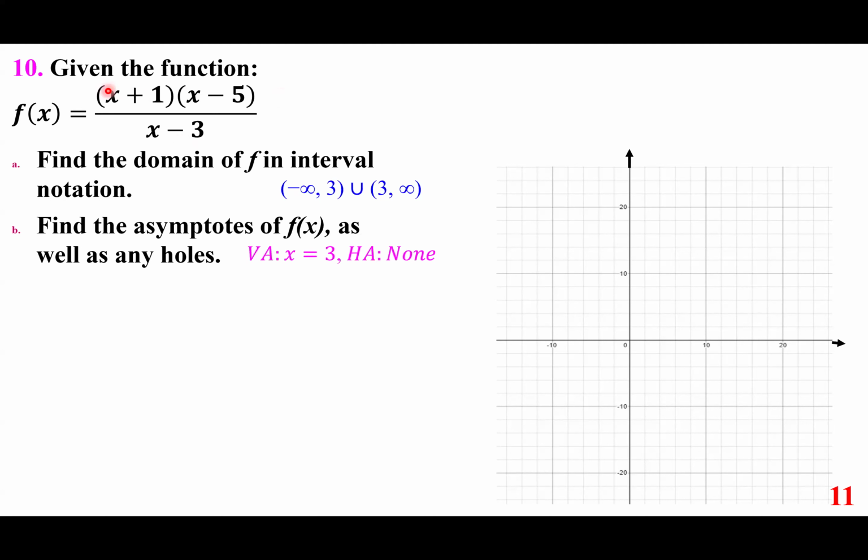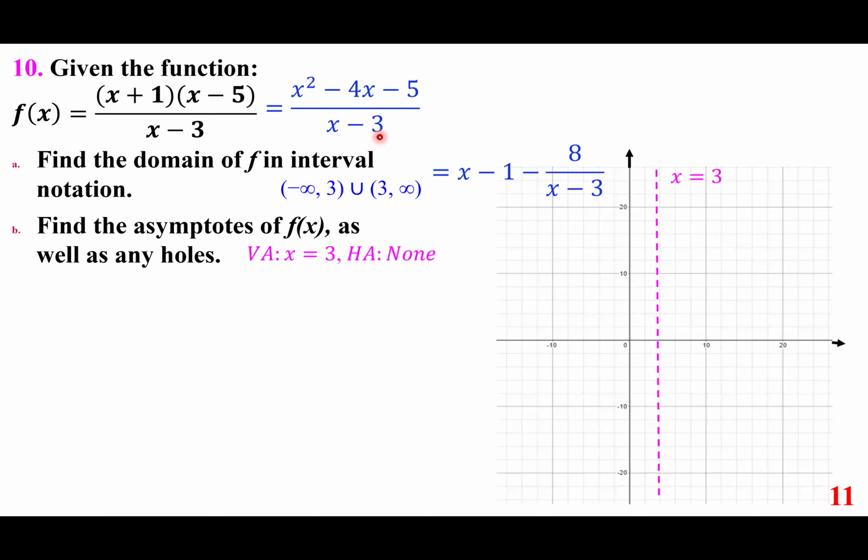I hope you see this 2 gives you x squared, 1 and minus 5 is negative 4x, and 1 times negative 5 is minus 5. So this is your vertical asymptote, x equals 3. This is your function. You have to divide. And I'm going to leave it for you to do that. It becomes x minus 1 minus 8 over x minus 3.